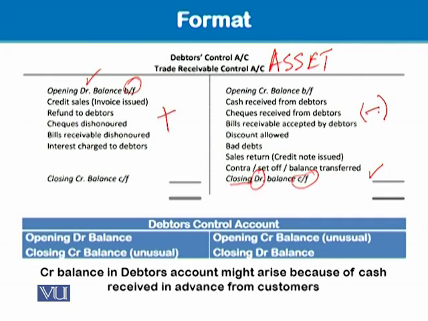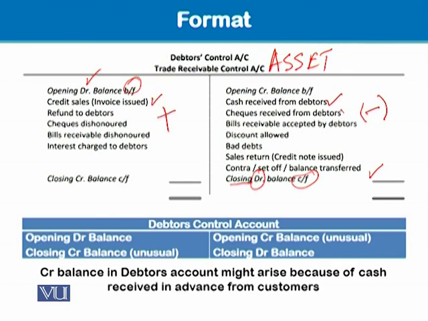Well, let's see. When we do credit sales, these credit sales cause increase in accounts receivable, so would be placed in the debit side. When we receive cash from debtors, it causes decrease in the accounts receivable, we will put in the credit side.